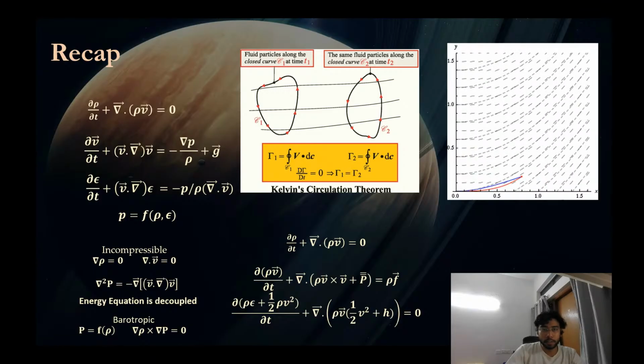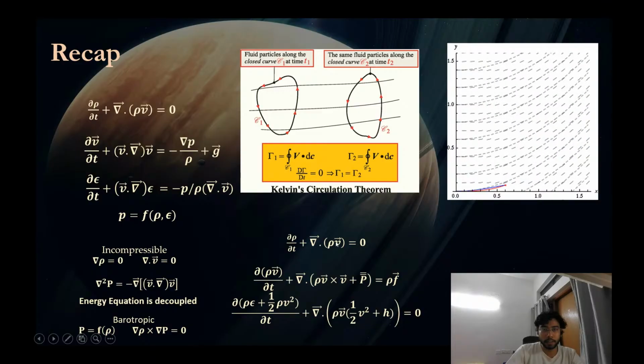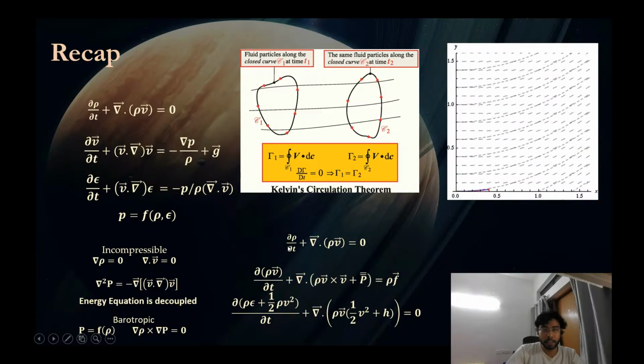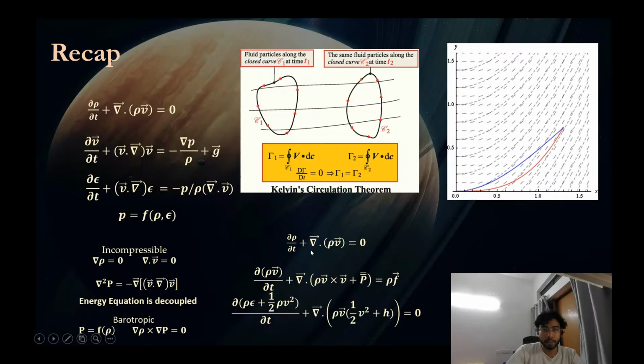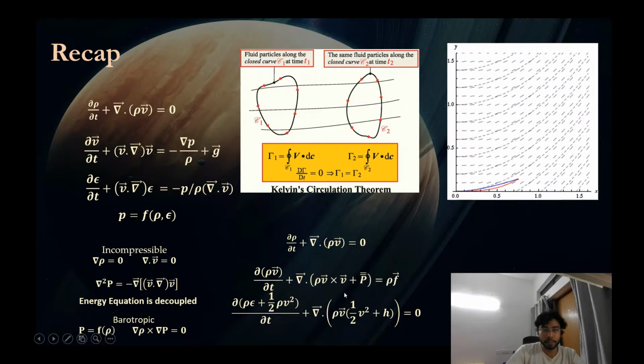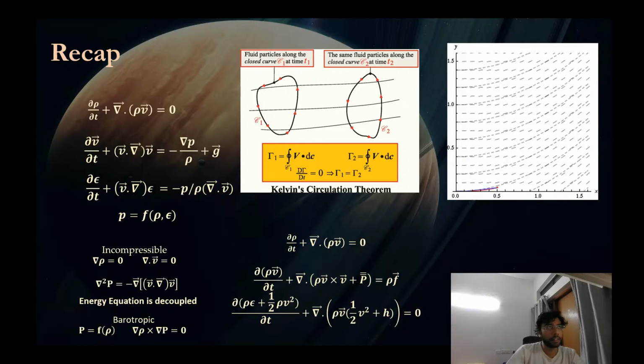So whatever is inside the del dot term is associated with flux. The change in any quantity with time is associated with the flux of that quantity. Similarly, the change in momentum with time will be associated with the flux of the momentum. So this quantity is recognized as the flux of the momentum. Similarly, the change in energy is again recognized as the flux of the energy, which is given like this.